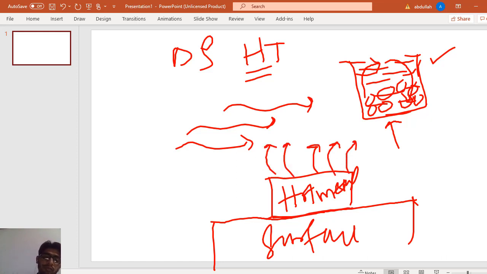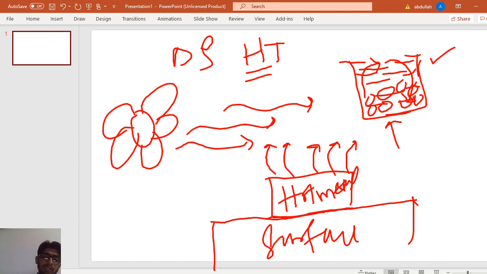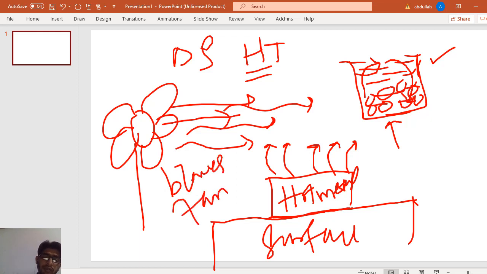If someone is interested in increasing the heat transfer, then we put a fan or blower, or some compressor or other external source. In this case the heat transfer is increased, and this type of heat transfer is called forced convection heat transfer.